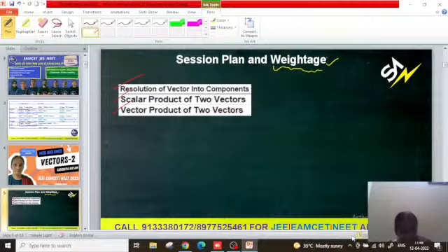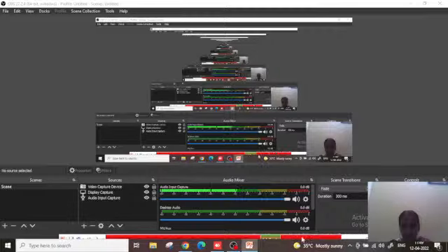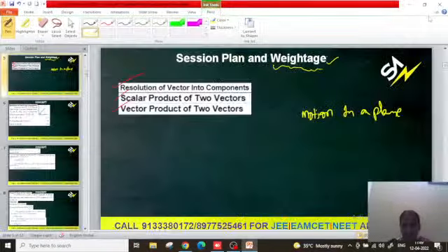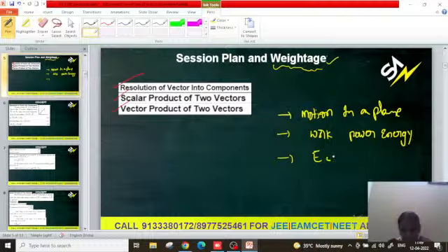we can solve questions from motion in a plane, and the vector algebra techniques will be used in work, power, energy and electrostatics.